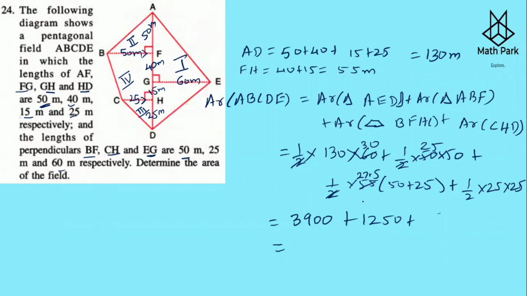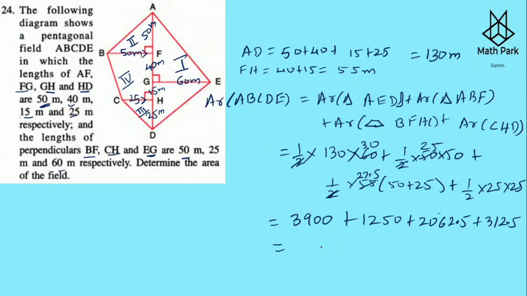So 27.5 multiplied by 50 plus 25, which is 75, you get this as 2062.5. 25 into 25 is 625, and 625 divided by 2, you get this as 312.5.